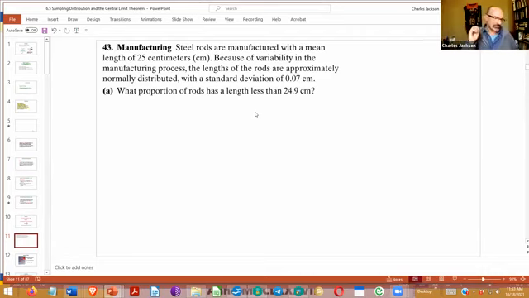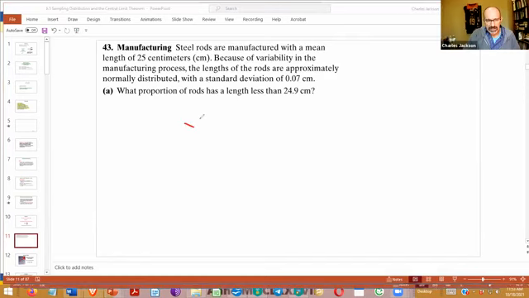So you were able to figure that out by getting a z-score. Z equals x minus mu over sigma. The x was the 24.9, the mu is the 25, and the sigma was the 0.07.